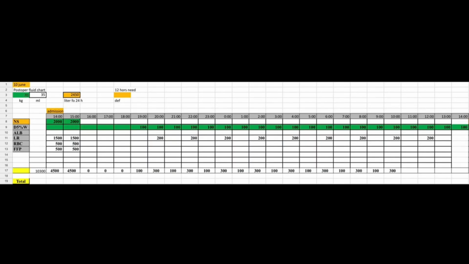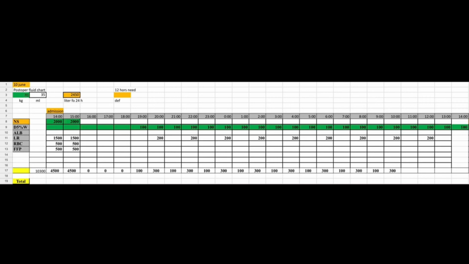Okay, so for post-operative fluid chart, starting from 2 p.m. and 3 p.m., the patient is given 2,000 ml of normal saline, 1,500 ml of Ringer, 500 ml of RBCs, and 500 ml of FFP, each for 2 p.m. and 3 p.m. And then starting from 7 p.m. until 2 p.m. the next day, patient is given 100 ml of dextrose 5% water hourly, and then from 8 p.m. until 6 a.m. in the morning, patient is given 200 ml of Ringer.